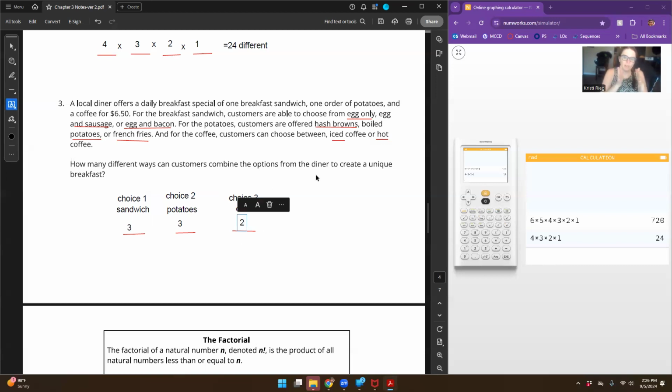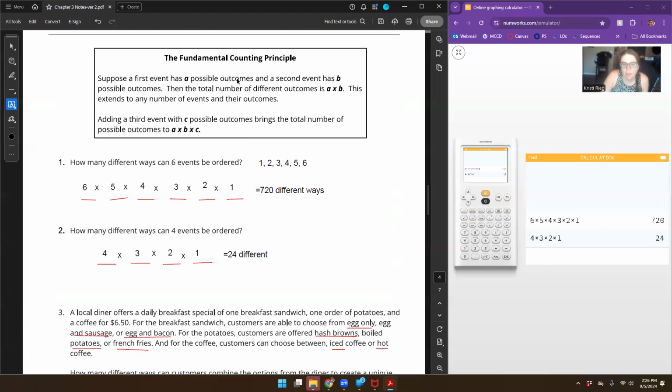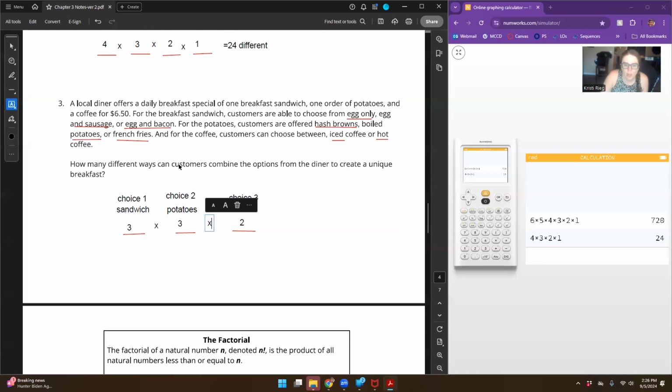So now that we have each item and we know how many choices there are for each item, I am ready to multiply, because that's what we're doing here. We're finding out how many possible outcomes there are for each choice, and then we are multiplying all those choices together. So I have 3 choices for a sandwich, 3 choices for a potato, and 2 choices for coffee.